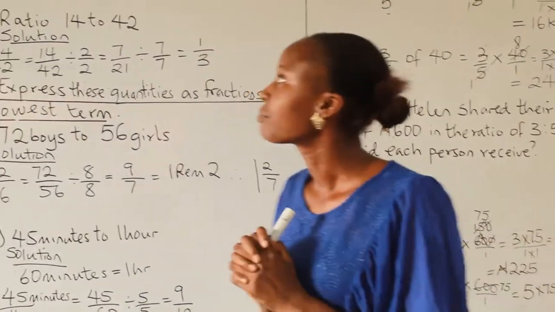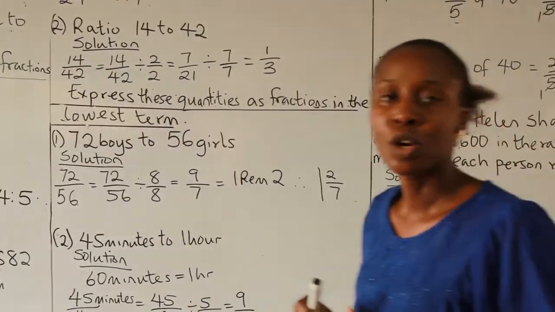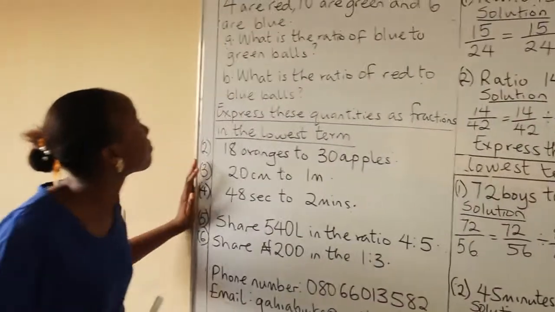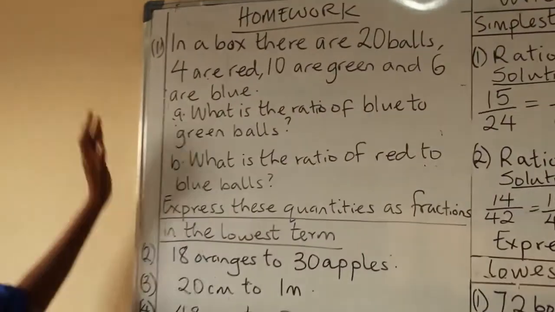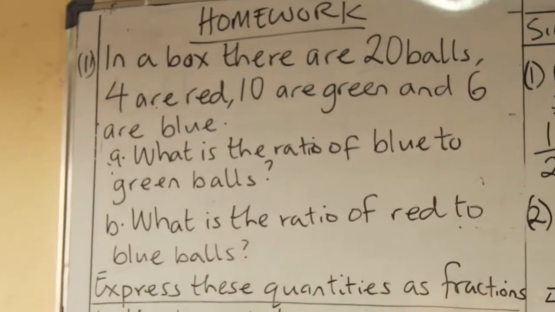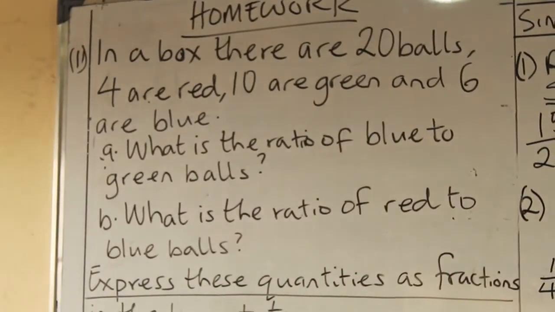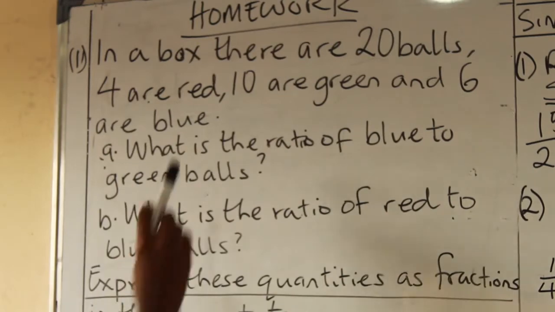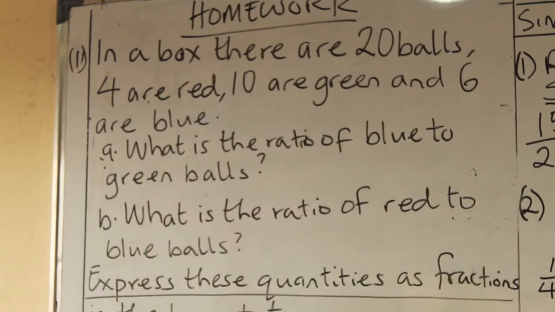Thank you. I have the homework for you. Number 1 question says, in a box, there are 20 balls. 4 are red, 10 are green, and 6 are blue.